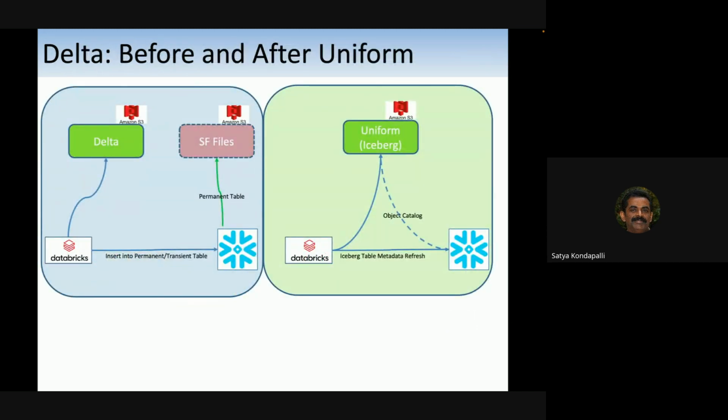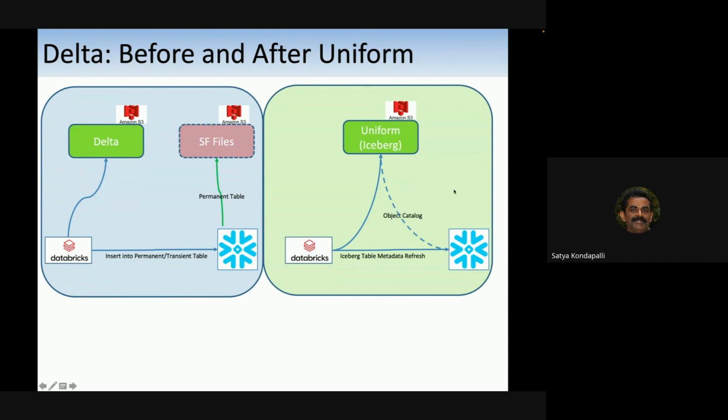So if you look at here, before and after, right? The Databricks Delta table, and you insert into Snowflake, and then it will become your permanent table. Then instead of that, you can convert it. So we can simply convert Delta into uniform with alter, or any feature table you can store as the uniform table.